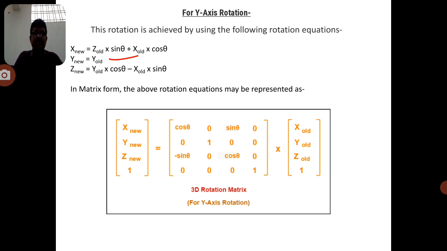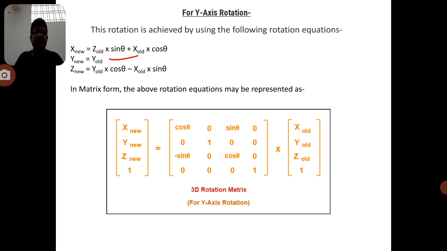That means whatever axis the rotation takes place on, there is no impact on that axis, and the remaining axes change, that is x new and z new. So x new equals z old into sin theta plus x old into cos theta, y new equals y old, and z new equals z old into cos theta minus x old into sin theta, similar but opposite.